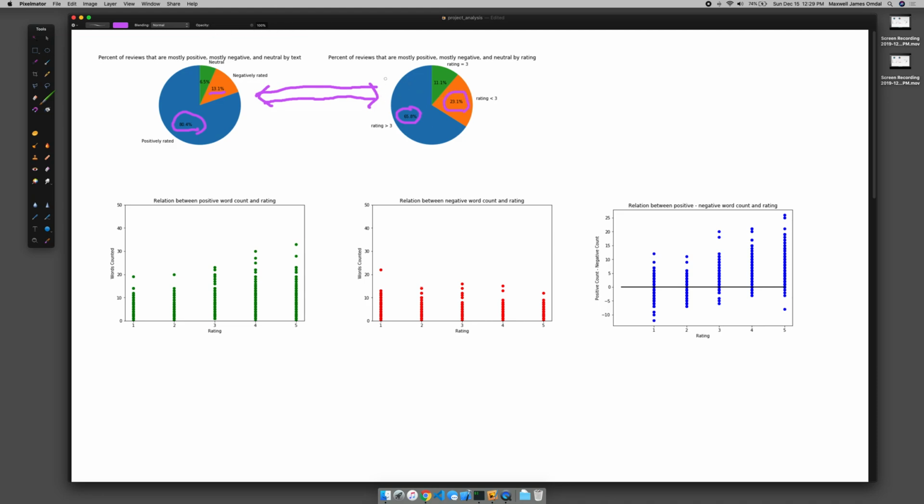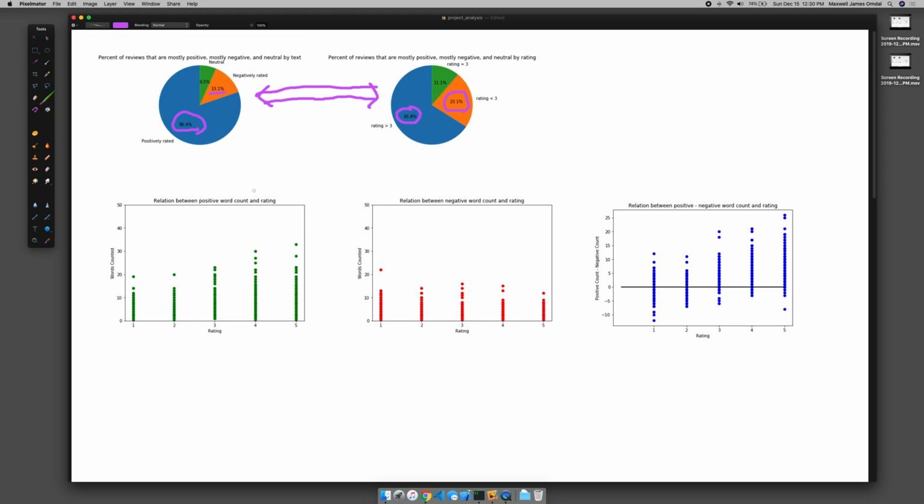What I find interesting about this is that there are more negatively rated restaurants or businesses altogether than there are negatively rated restaurants by words. That means we're finding reviews that are rated either a 1 or a 2, but they still use more positive words than negative words.